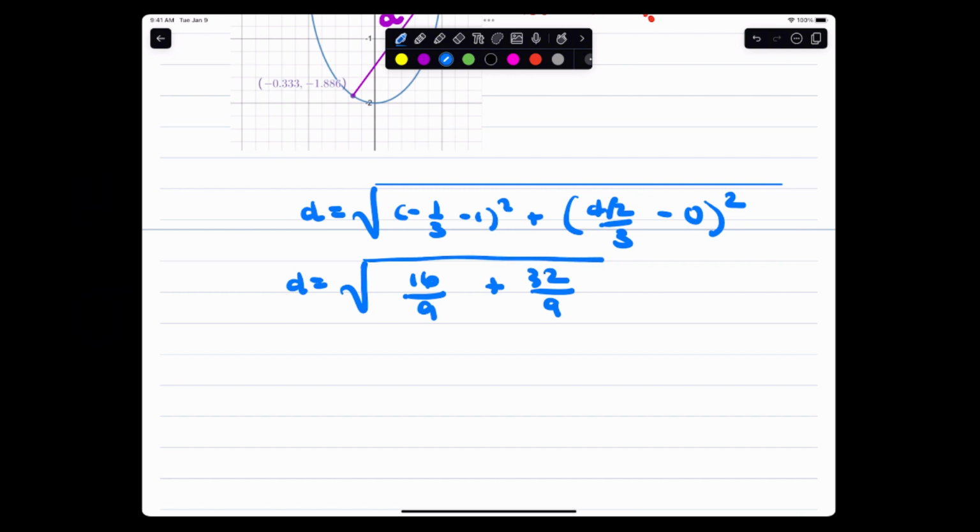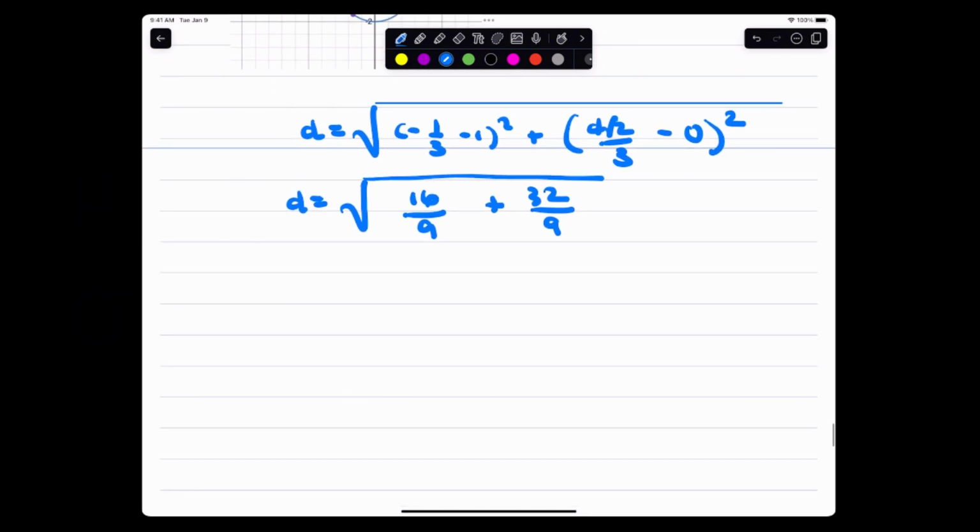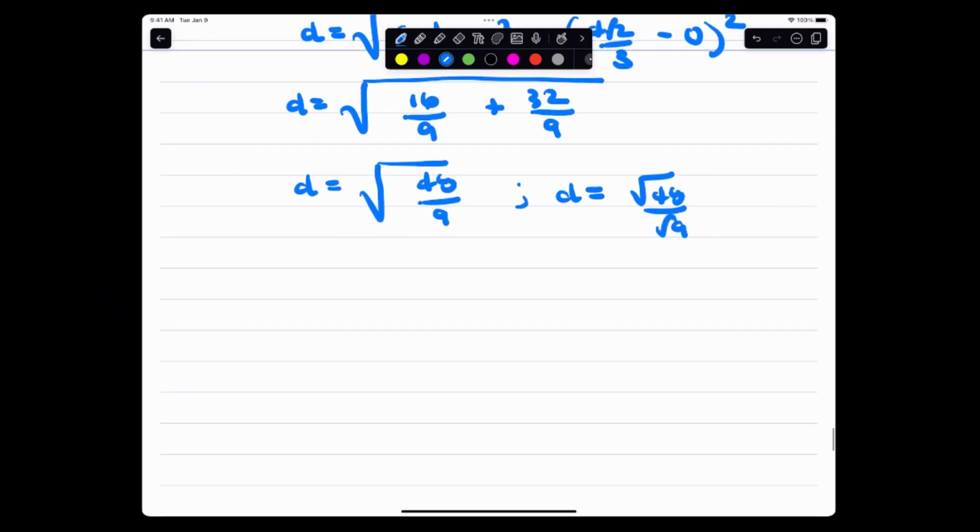I'm not awake. 48/9. Square root of 48, we can simplify that. Square root of 9, we know what that is. 16 times 3, is that true? It's 48? So your distance will be 4 square root of 3 over 3, I believe.